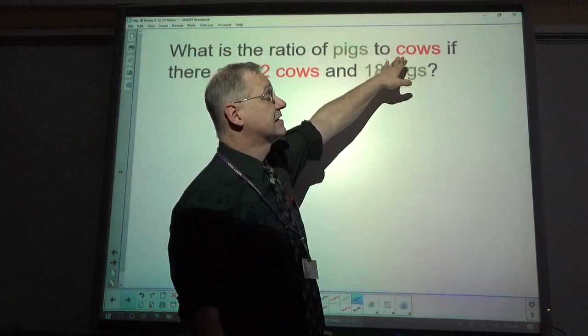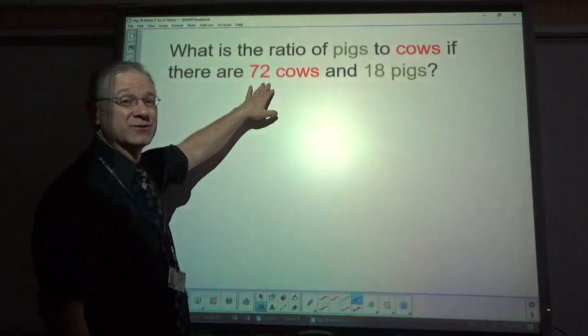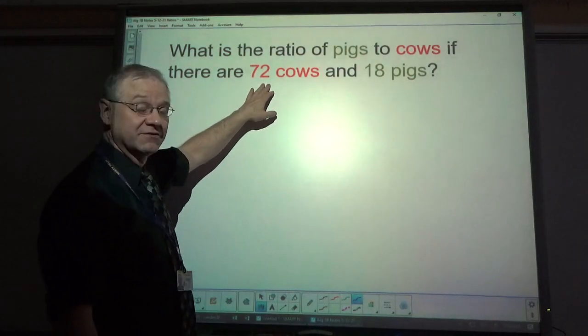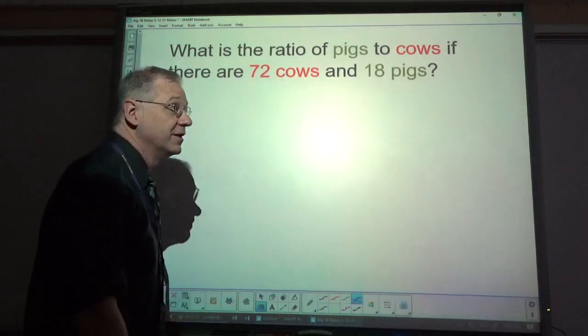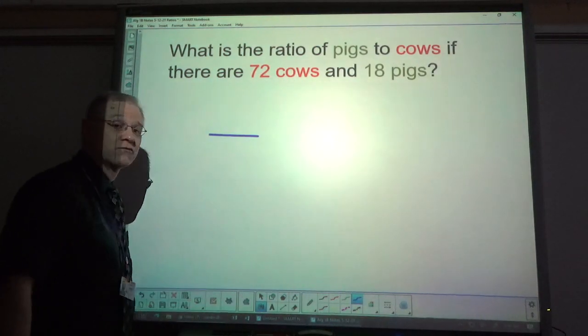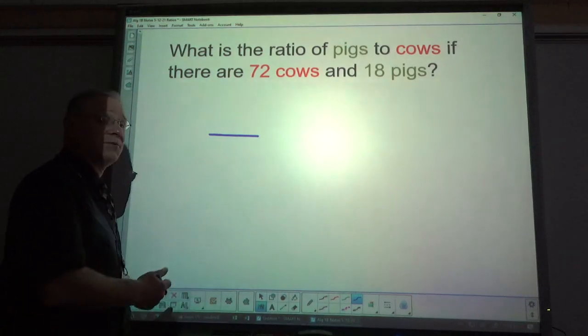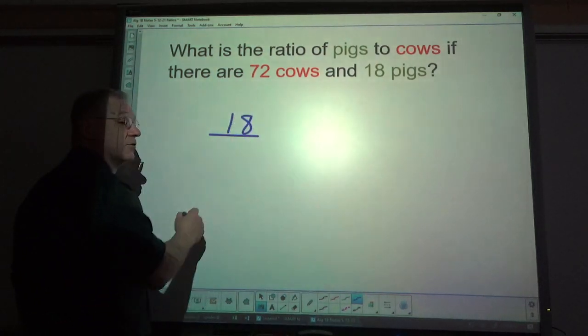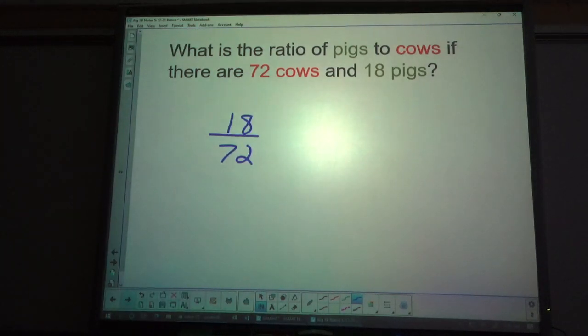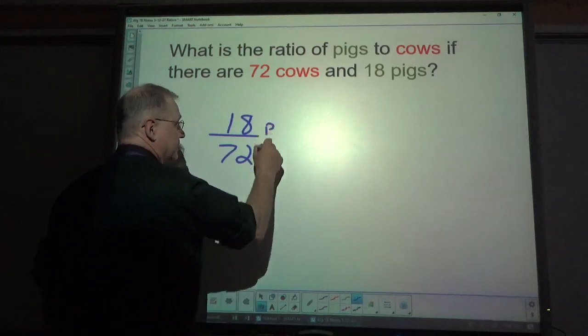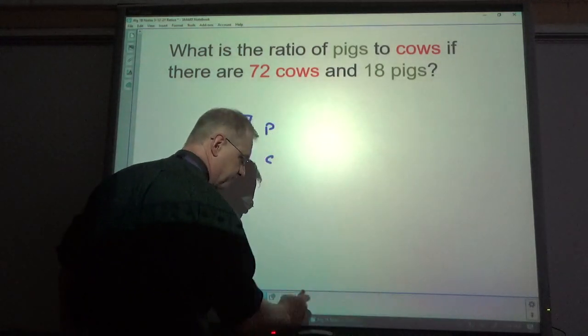This is pigs to cows, but they list cows first in the information. So when you set up your ratio, you have to put the number of pigs on top and the number of cows on bottom. That is the correct way to set up this ratio.